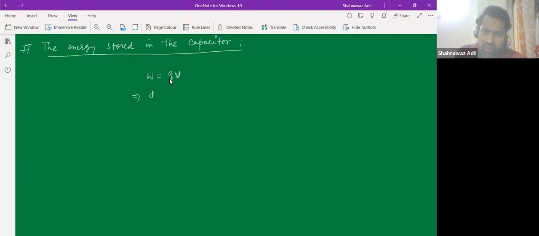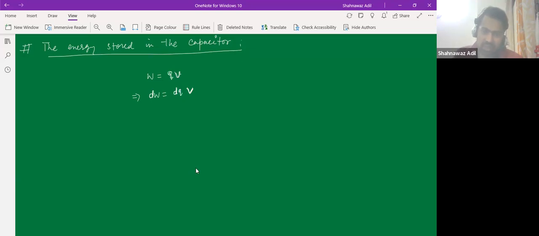This thing we have already understood, right? Work done is Q into V. So for a small work done, this would be dq and V, because we are assuming that for a small charge we are calculating this.